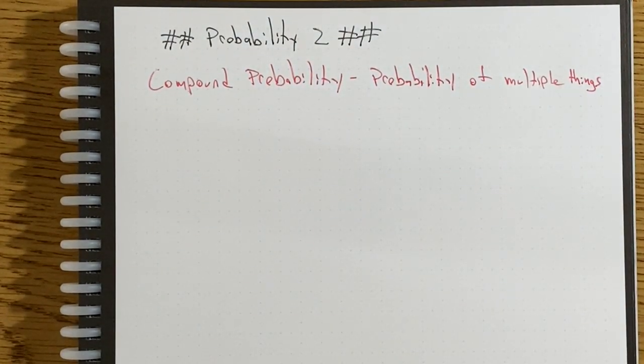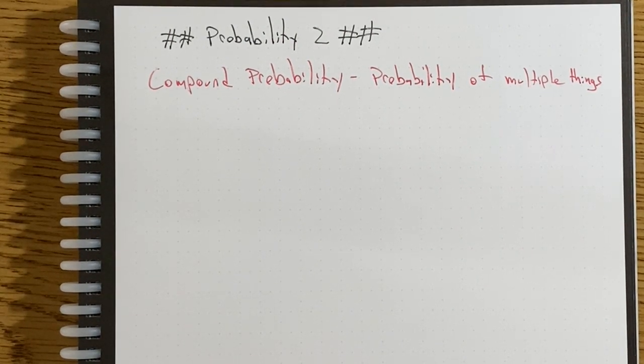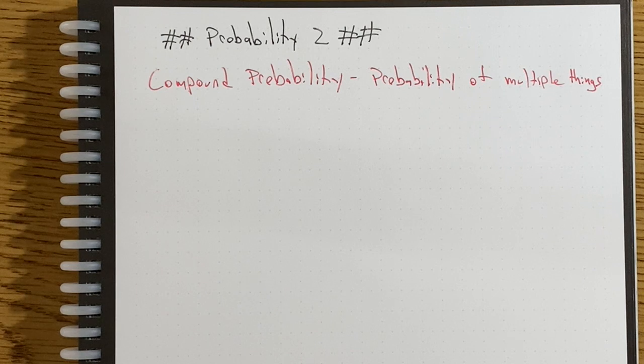Right. So now when we talk about probability, it's not just what are your chances of getting a heads or a tails. It's probability of getting a heads and then a heads, or a tails and then a head. So multiple things are happening.